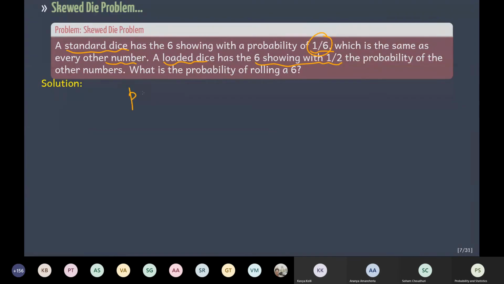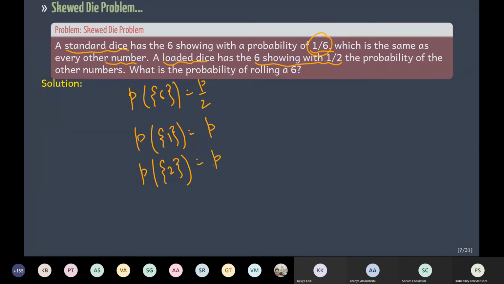So the probability that I get a 6 is now half, and the probability that I get, let us say, 1 is some probability, right? So the probability of 6 is half of the others. Let us say others are P, then this is P by 2. So the probability of 2 is P, and so on.